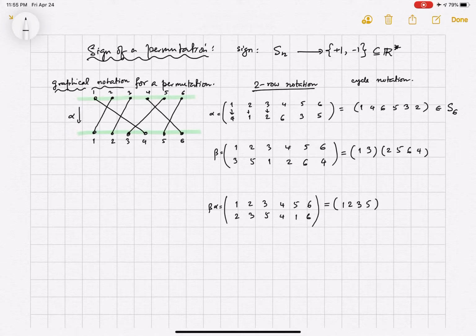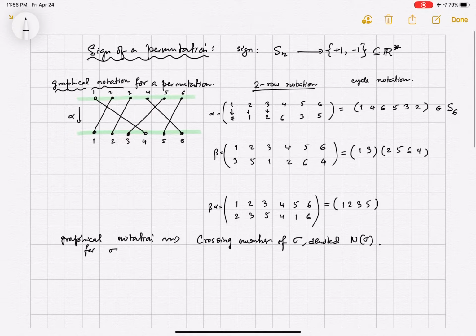The first thing that this graphical notation does for you is it gives you something called the crossing number. The graphical notation leads to the crossing number of a permutation sigma, denoted n sigma, which is really the number of times the threads cross.